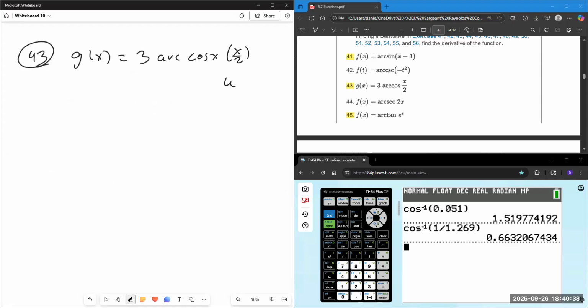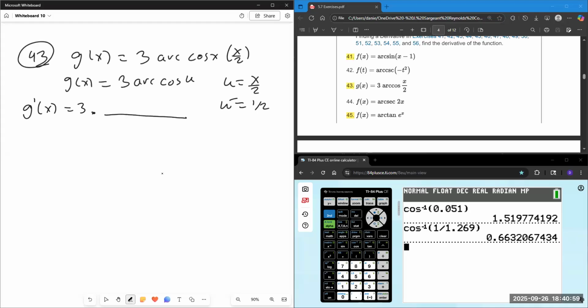So u is equal to x over 2 and u prime is equal to 1/2. g of x is equal to 3 arc cosine of u. g prime of x is 3 times, then the arc cosine derivative is negative u prime over root 1 minus u squared.